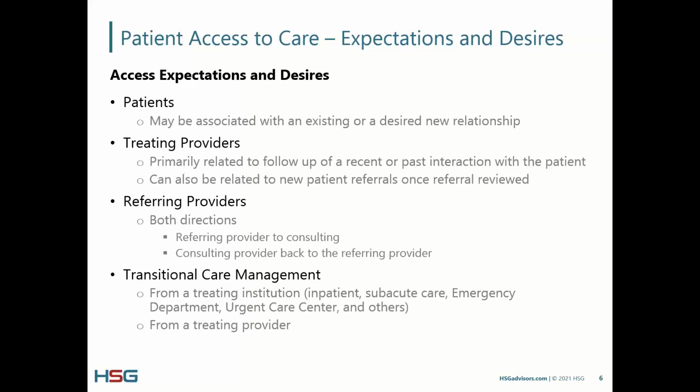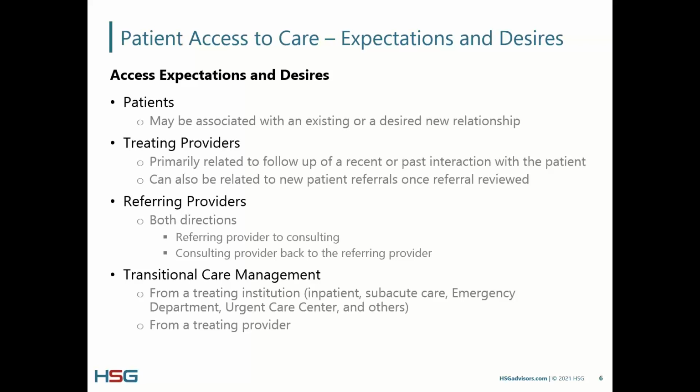And again, we already talked about from a treating provider back into the system and managing transitions of care throughout the continuum. This is a very large area, and meeting transitional care management parameters within, quote, reasonable timeframes have a significant impact on patient care and patient well-being. So we think that these are the underpinnings of where these expectations and desires are coming from.